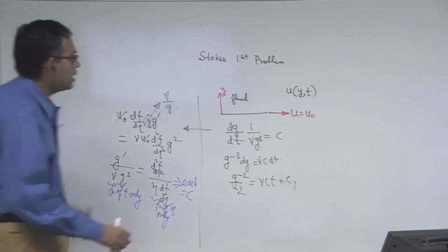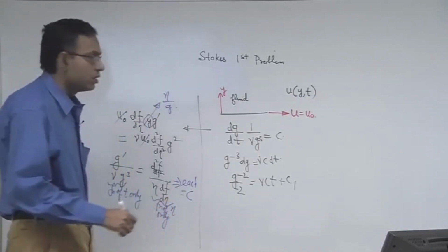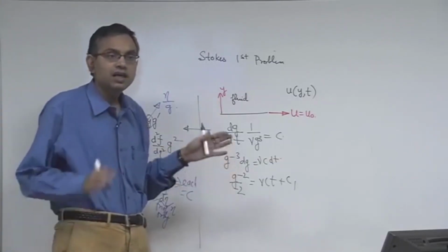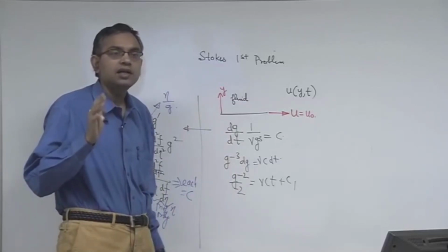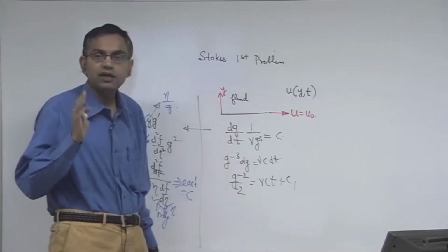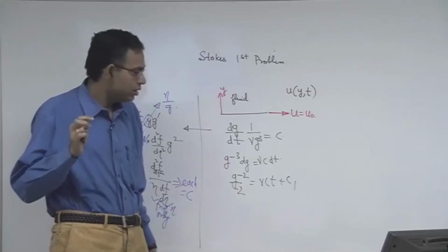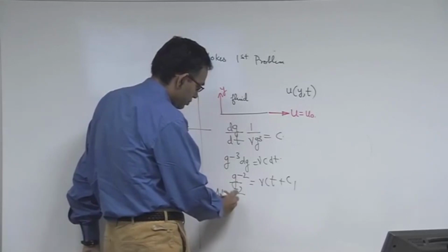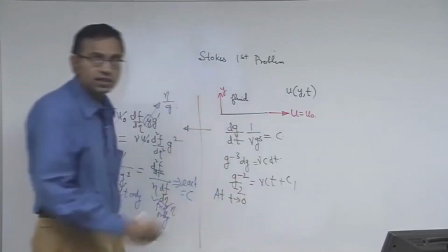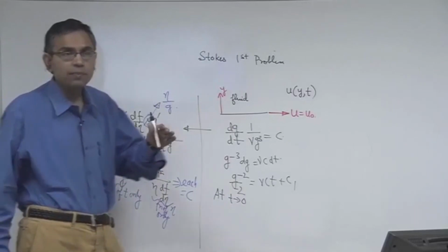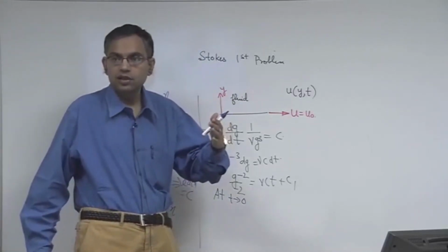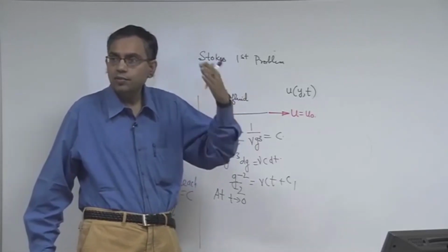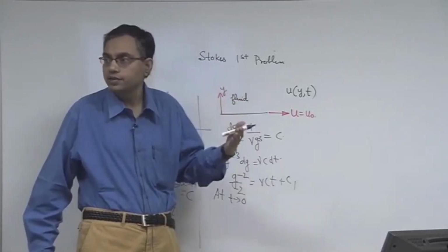Now, we have to remember what G is. G is 1 by the penetration depth at a given time, right. So, at t tends to 0, what is G? At t tends to 0, what is the penetration depth? The penetration depth is 0. So, G, which is 1 by the penetration depth, will tend to infinity.